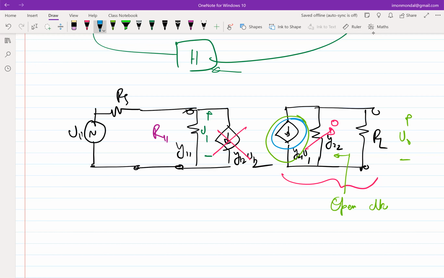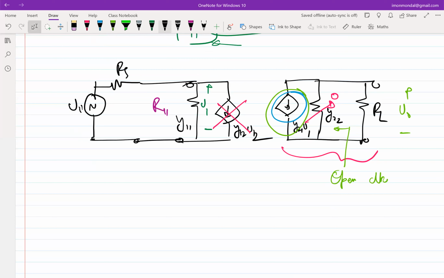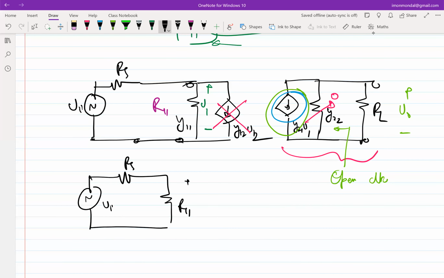What is the maximum that you can get? In principle, you can get V1 equal to Vi if R11 is infinity. So in other words, your input side is like this. This is V1, and I want V1 to be as high as possible.